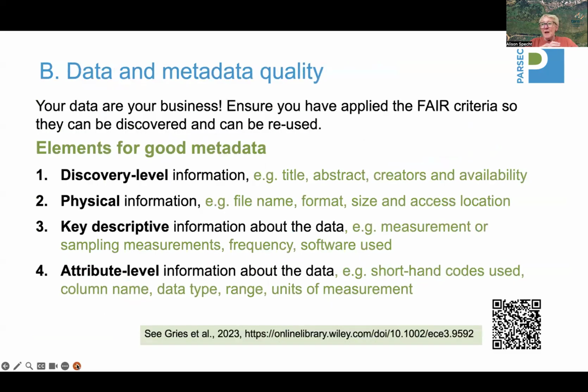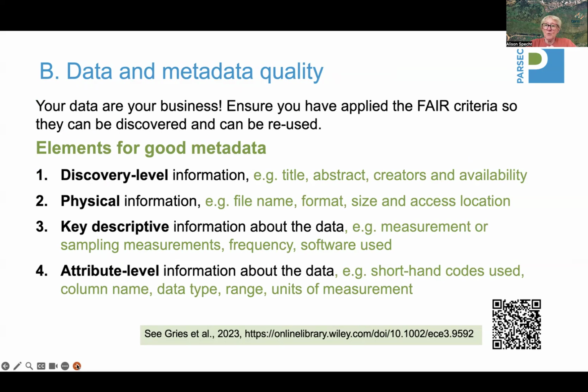So, in order to be discoverable, the data and metadata quality, and I'm using data most generally because it could be digital object as well, make sure you have applied the FAIR criteria and you have good metadata so that they can be discovered and reused.